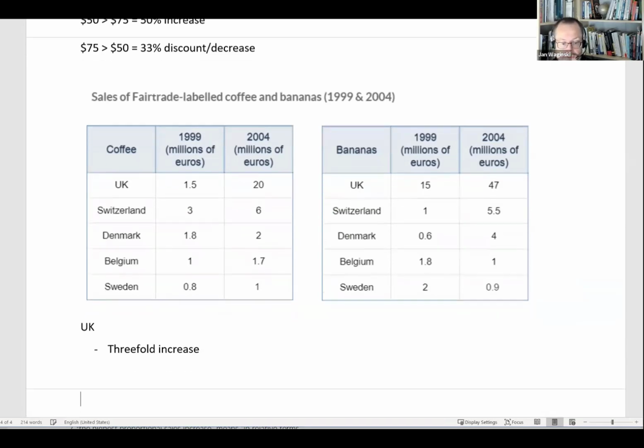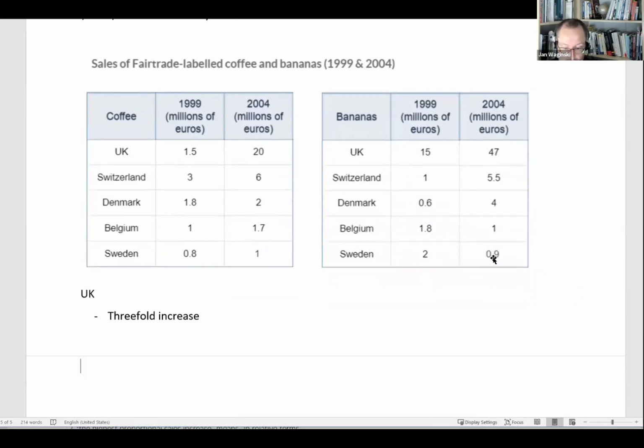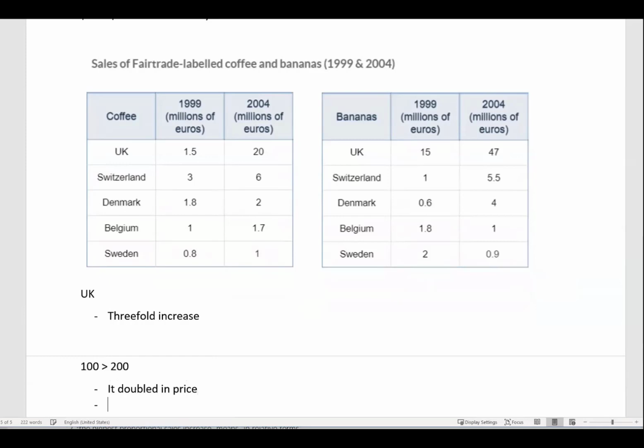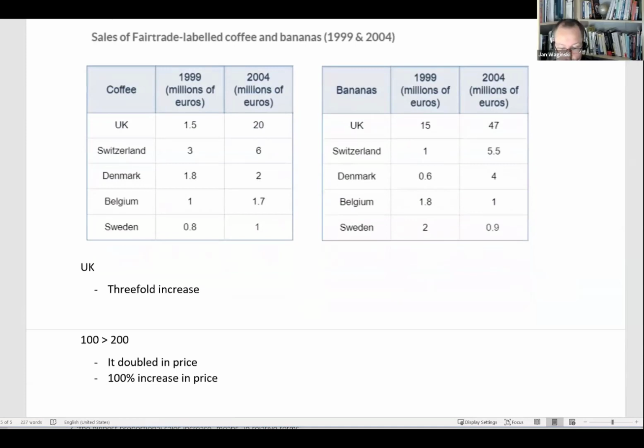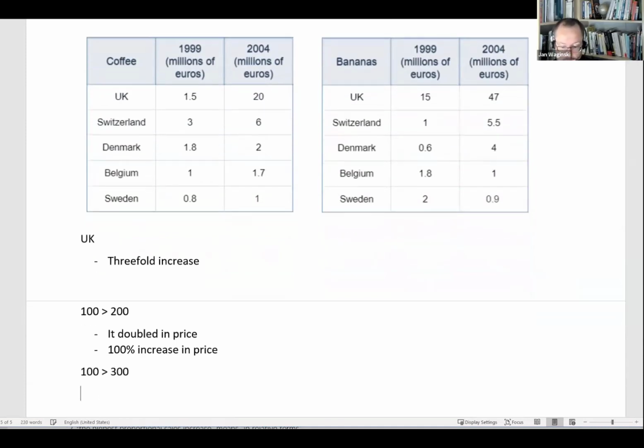Okay. If something doubles, let's say something goes from $100 to $200, so it doubled in price. That was a 100% increase. If something goes from $100 to $300, it tripled in price.